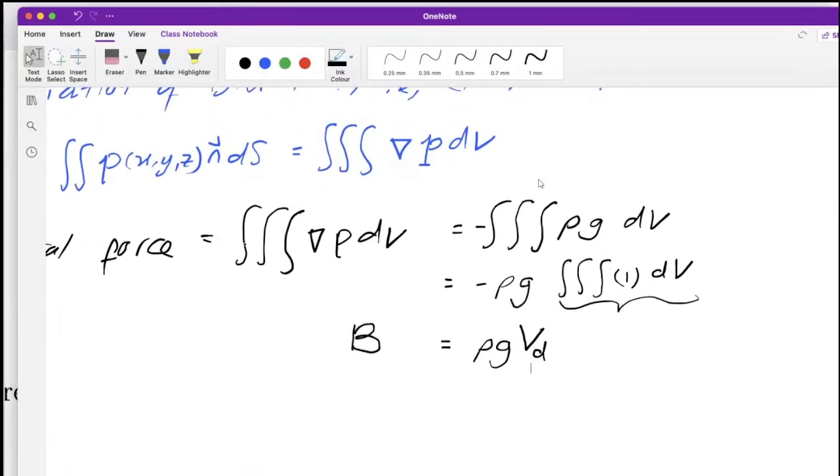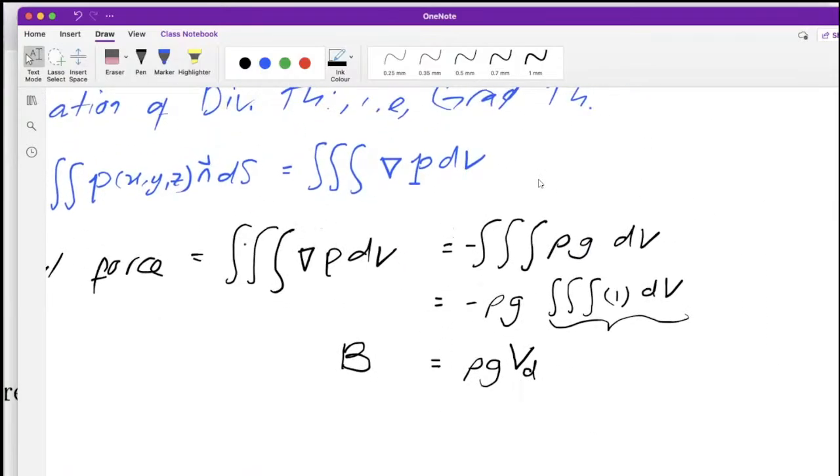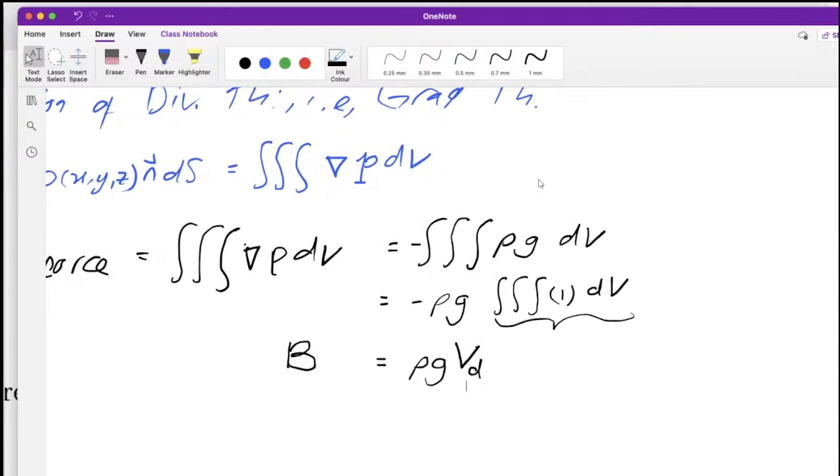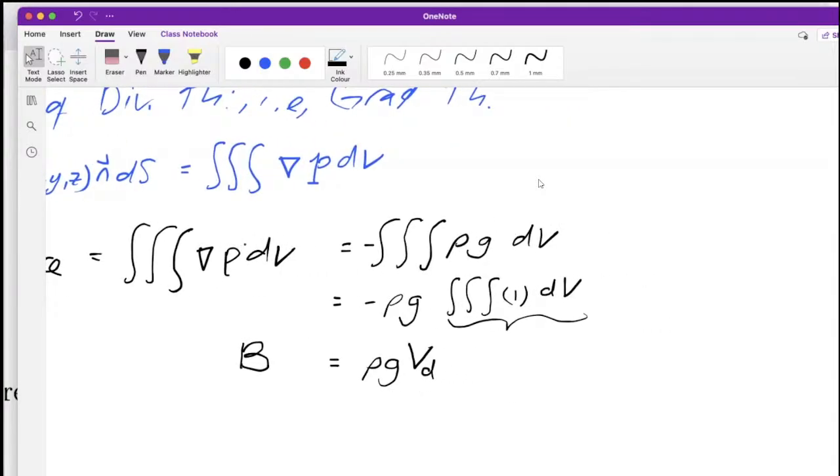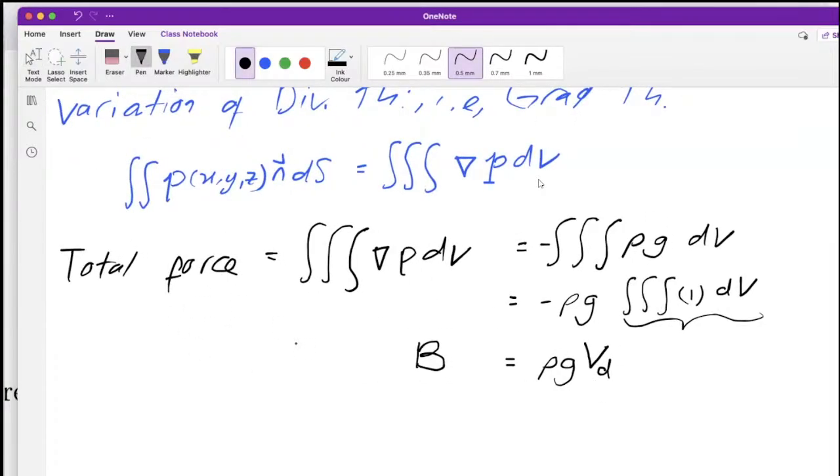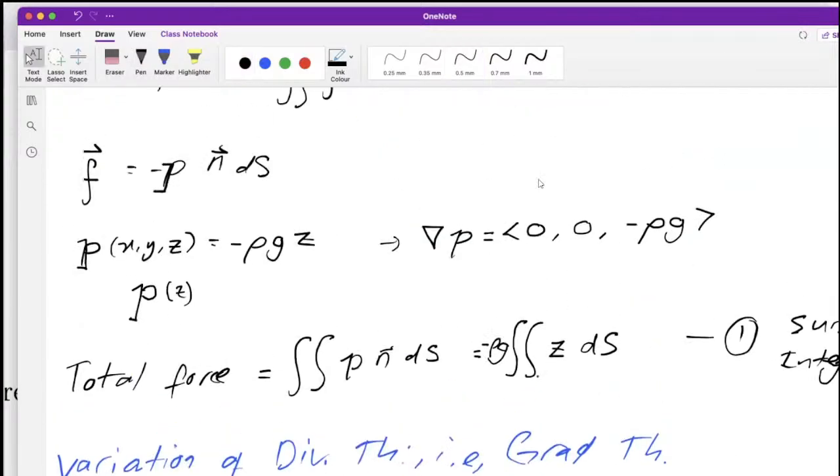But I don't know where I messed up my negative sign. What I want to show you eventually is that the total force also becomes a resultant force, because of the way we set up the coordinates and the function. This is what we meant by the buoyancy being the resultant force that points upward.